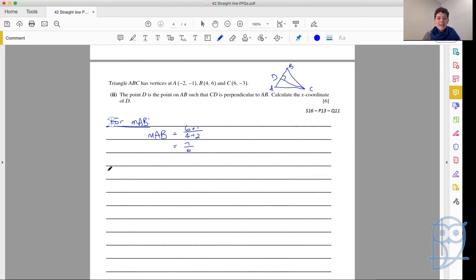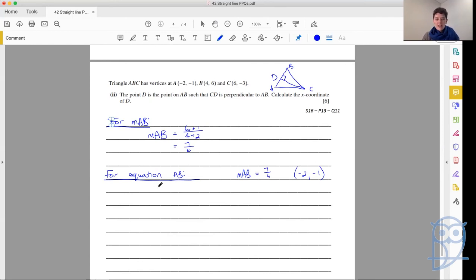Okay, for equation AB, we have our gradient. And which point do we want to use? Let's use -2, -1, as it is nice, simple, small numbers.